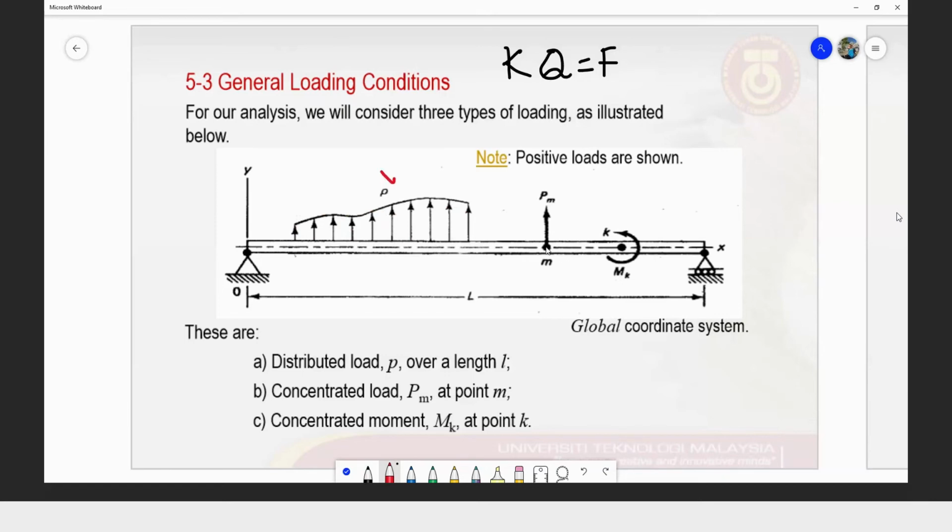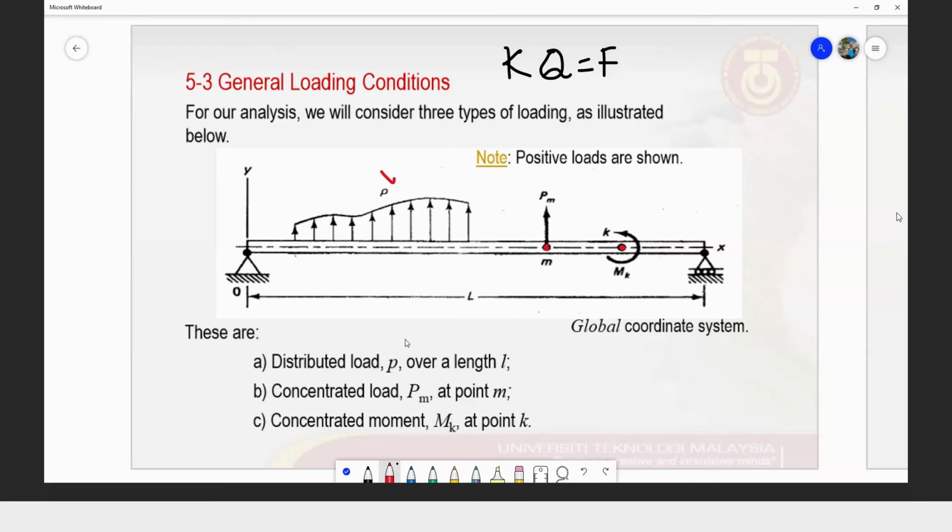Okay, we understand the point load, which is the load that applies specifically at a known location within our structures. And then we have concentrated moment as well, which is kita tahu exactly moment tu dikenakan dekat mana along our structures.